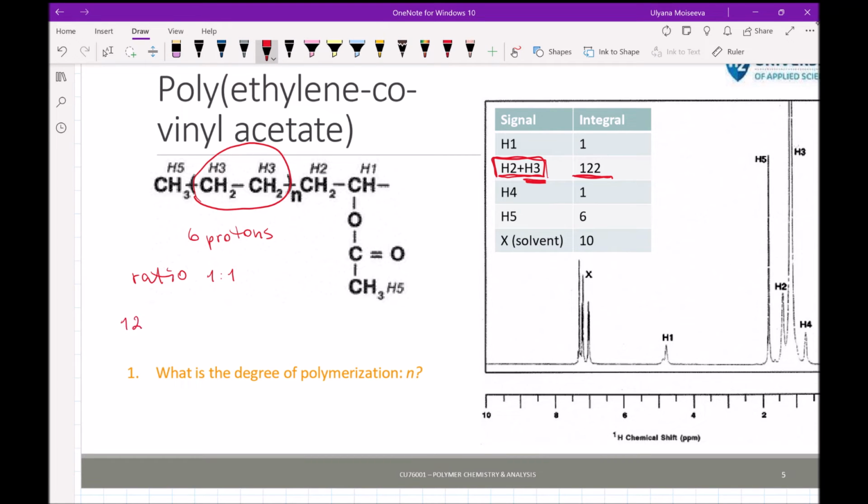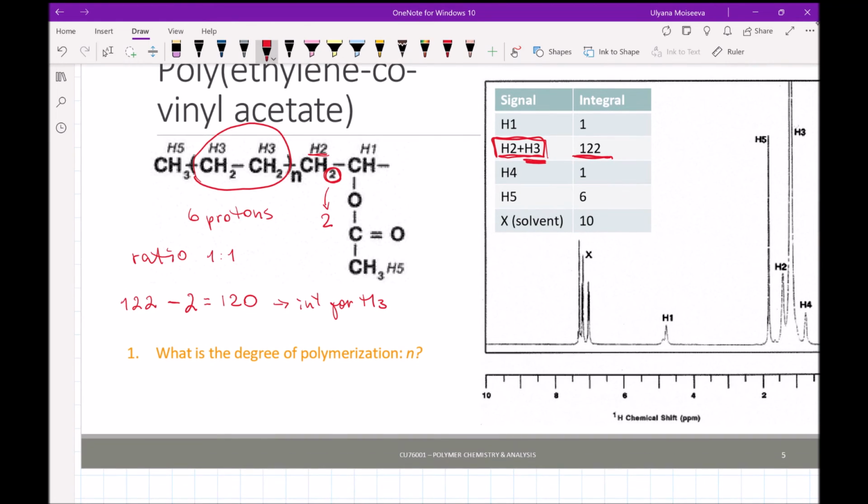So our total integral is 122 minus the integral of H2. If we have 2 protons and the ratio of proton to integral is 1 to 1, this means that our integral would also be 2. So 122 minus 2, that is 120. This is the integral for H3. Nice, right?